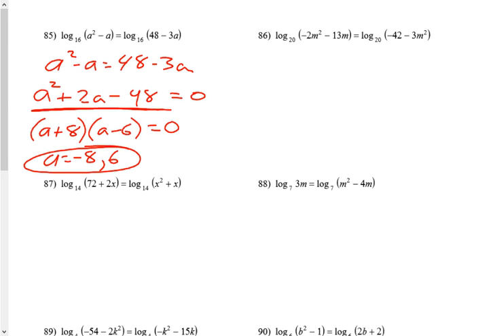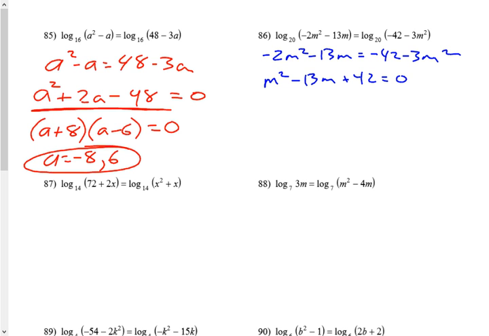So again, it's not all going to be simple linear equations. In 86, there's my equation as I eliminate the logs. I recognize immediately that it's quadratic because I have a variable squared. So I'm going to set this equal to 0. Like so.